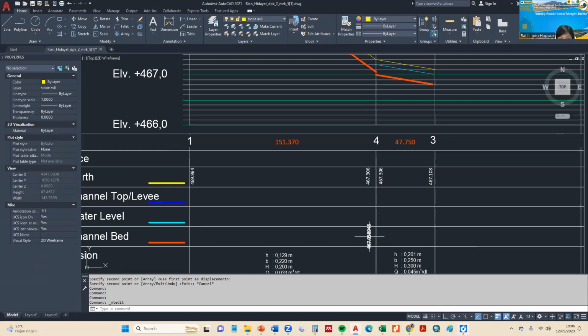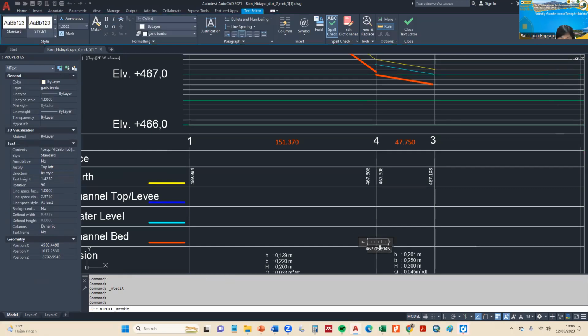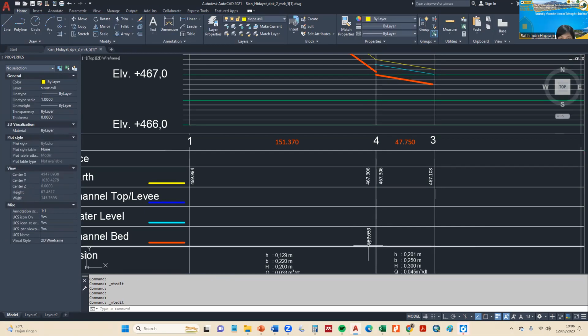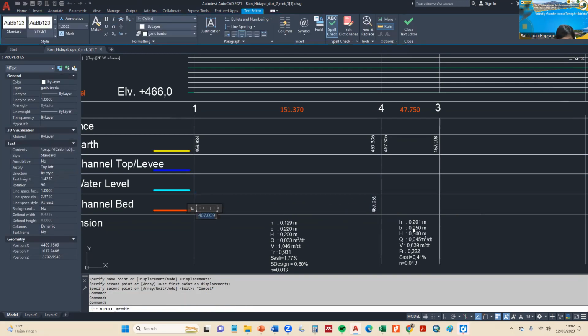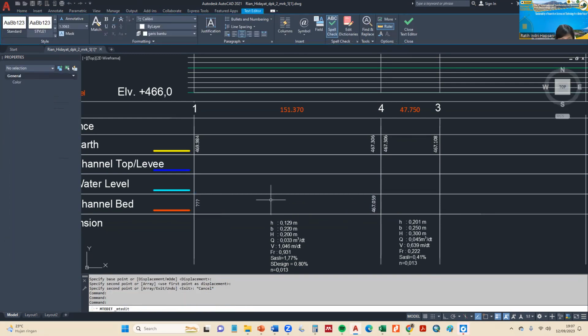So, when you have elevation of the downstream in the channel bed is 469.056 and the S design is 0.8. How much is the elevation here? I will put question mark.